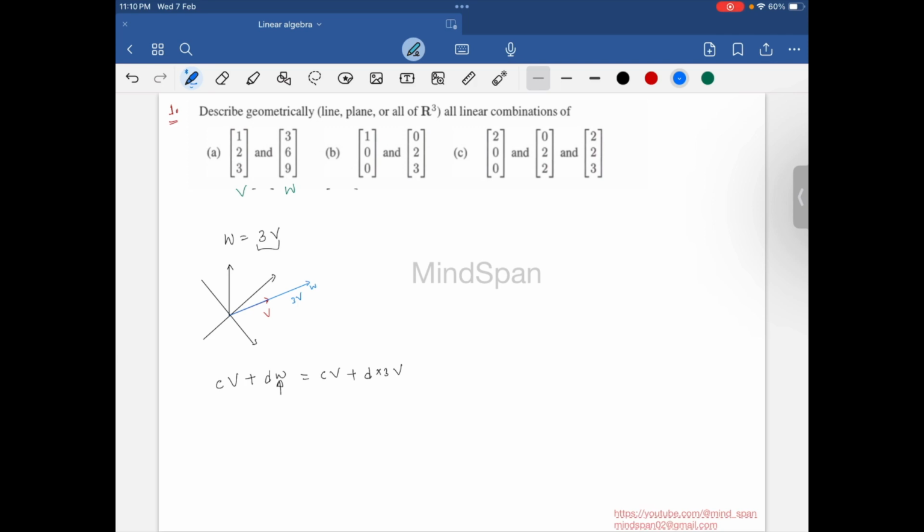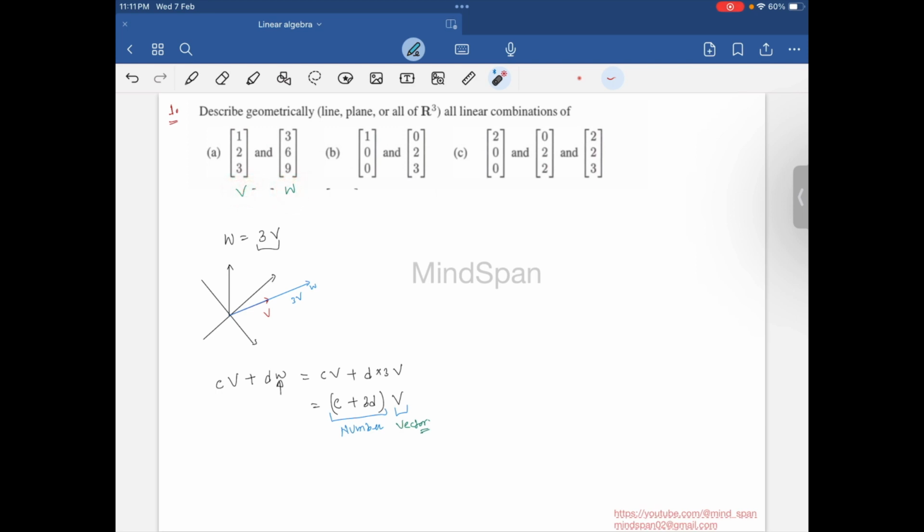So we can write this as c plus 3d times V. This is some number that is getting multiplied with some vector. So you see that the linear combination you are getting is a line. The space of linear combinations of V and W is a line.